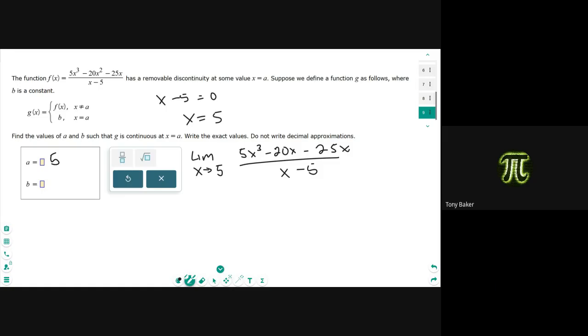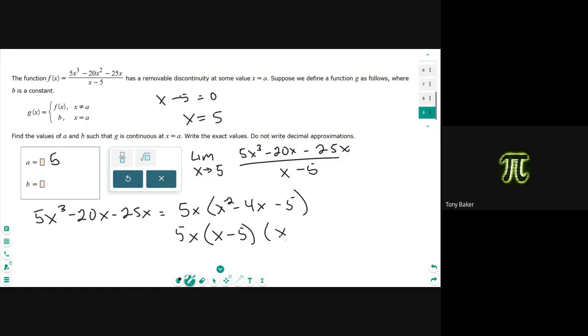The x is actually even more helpful because then it gets me down to my x squared. Because then this actually becomes pretty easy to factor. I get x minus 5 and x plus 1. So this ends up being 5x, x plus 1.